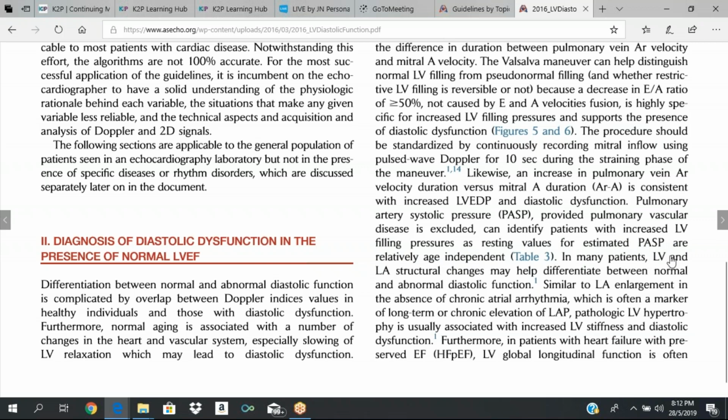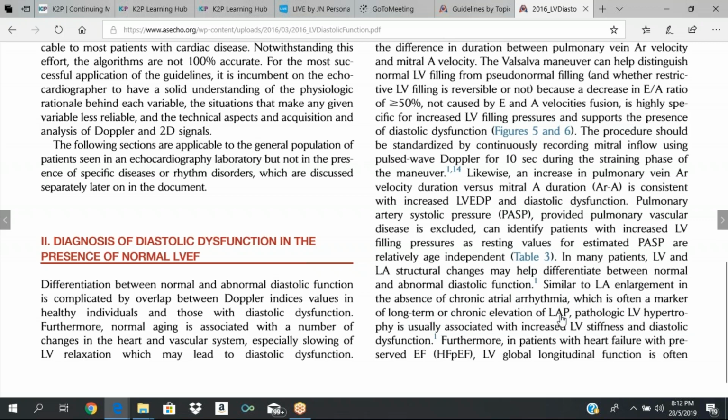In many patients, LV and LA structural changes may help differentiate between normal and abnormal diastolic function, similar to the left atrial enlargement. So we went over that. Similar to left atrial enlargement in the absence of chronic atrial arrhythmia, which is often a marker of long-term or chronic elevation of left atrial pressure.